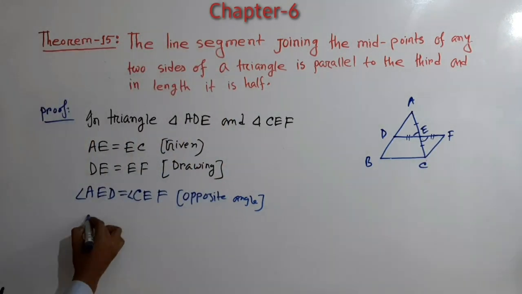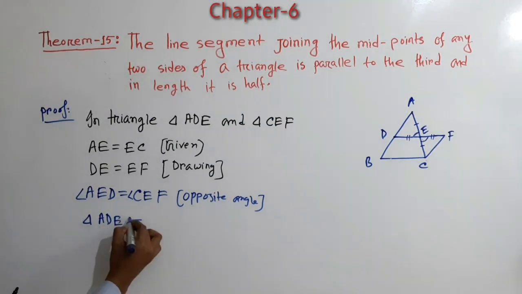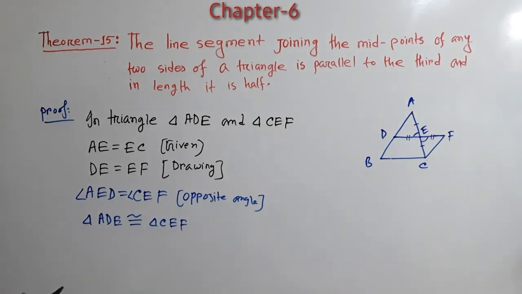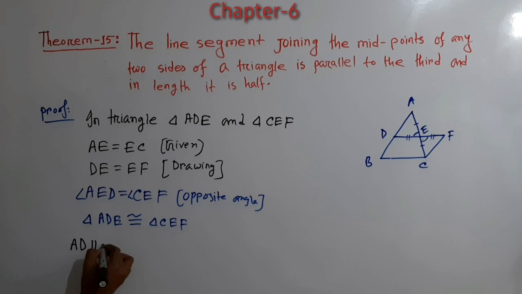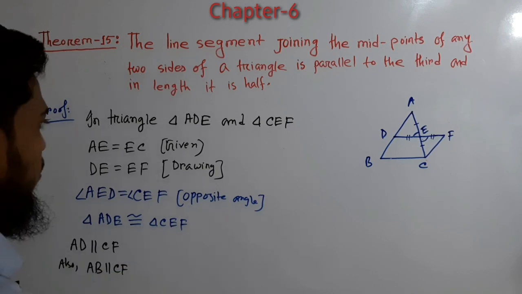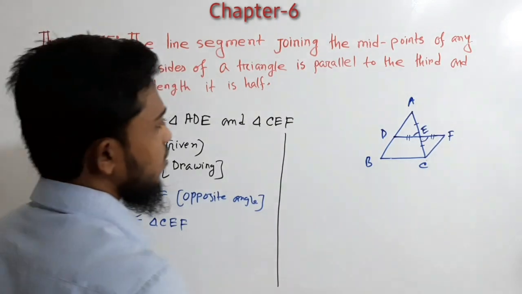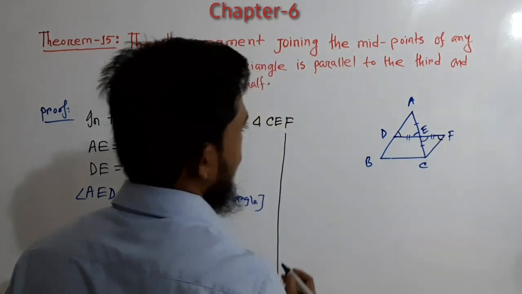So, we can write triangle ADE congruent triangle CEF. So, we can write AD parallel CF. Also, we can write AB parallel CF. Dear students, and also we see that this angle and this angle are equal.